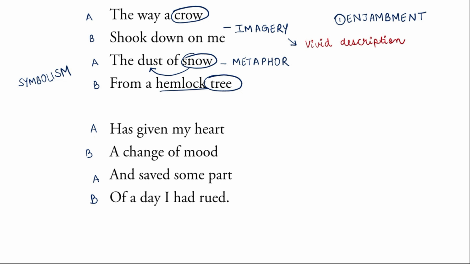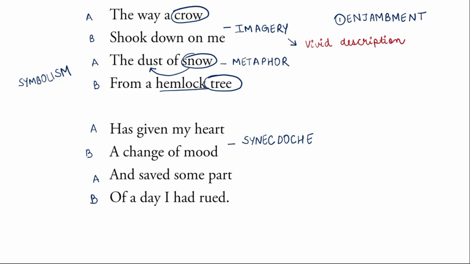Has given my heart a change of mood. Another figure of speech used here is synecdoche. Synecdoche means it refers to only a particular part, but it means the entire self.